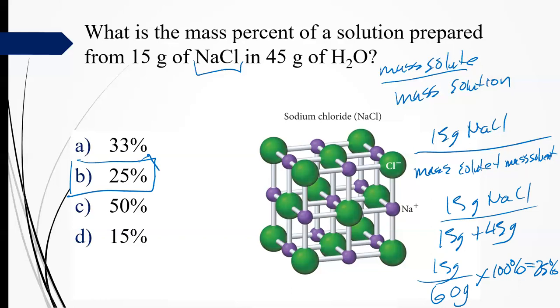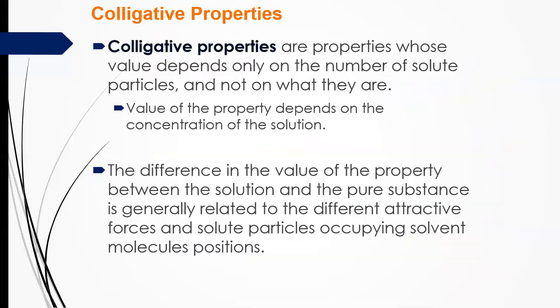All right. Now, the last bit that we're going to talk about is going to be our colligative properties. Now, colligative properties are really interesting. Colligative properties are unique for solutions, but what's neat about them is that they aren't dependent on the type of solute particles.